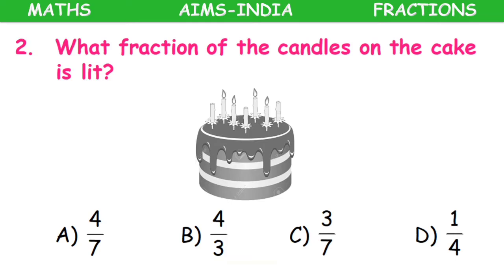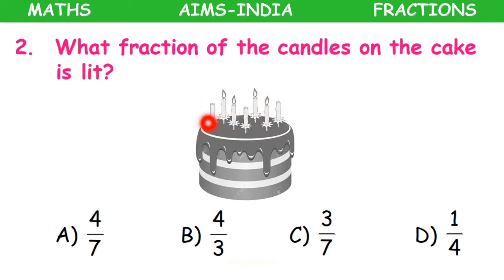Next, question 2. What fraction of the candles on the cake is lit? We are having a cake here, with some candles. We have to find out the fraction of the candles which are lit. Lit means which are lighted. Here we can see the flame on 4 candles.